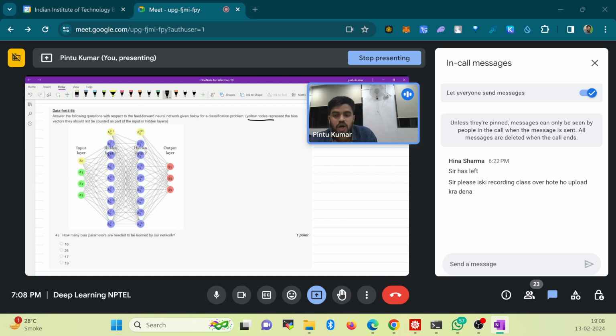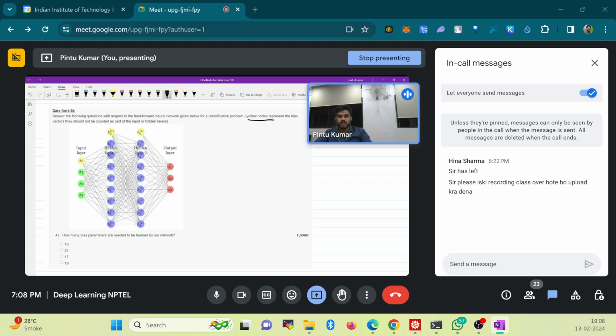So first question is, how many bias parameters are needed to learn our network? So you need to find how many biases are there in the network. You just need to count the actual number of perceptrons that you have.